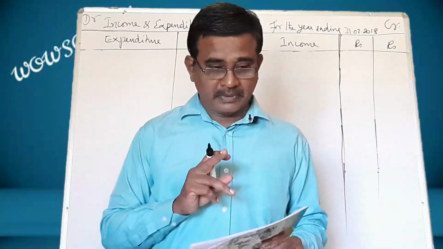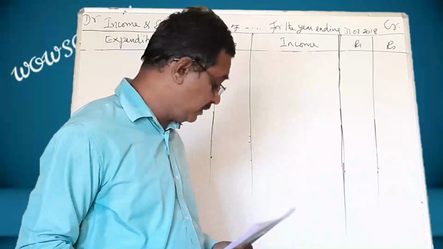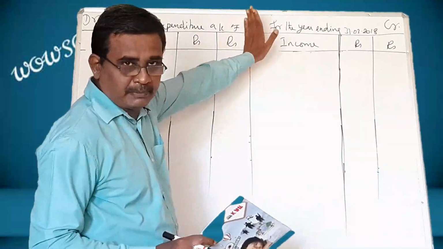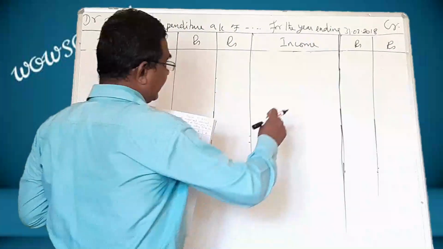Shall we do the problem given on page number 73? Problem number 8. From the following receipts and payments account and additional information given below, they have not given the name, so for the income and expenditure account of, just make a dash. Calculate the amount of subscription to be shown in the income and expenditure account for the year ending 31st December 2018.